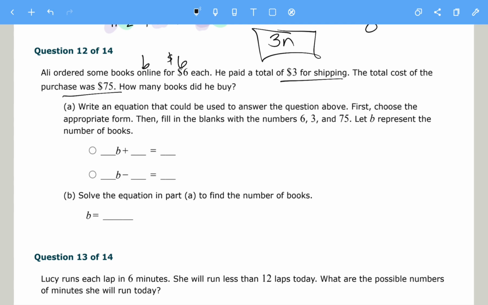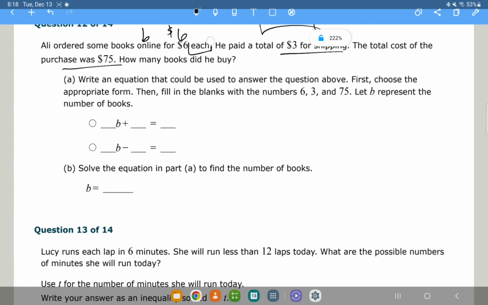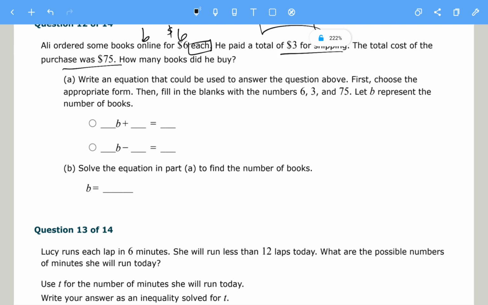So to show that the books were $6 each, the keyword here is each. This indicates multiplication. So we're going to do 6 times b. So we have 6b. And then we have a constant of $3 added to our total cost.